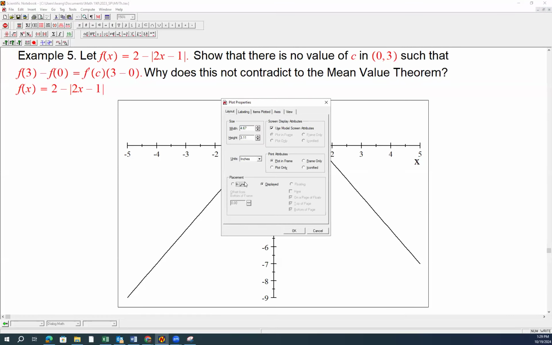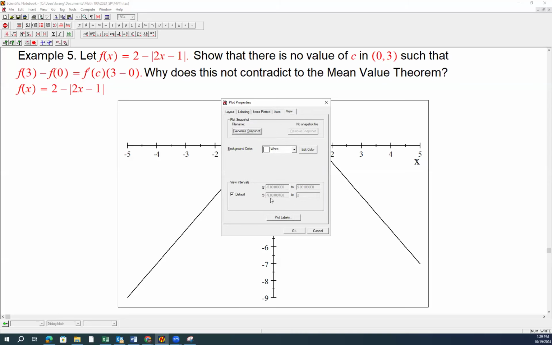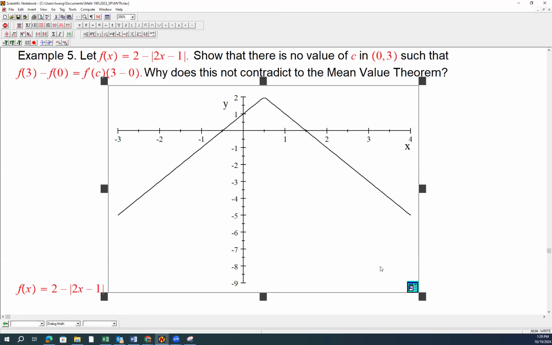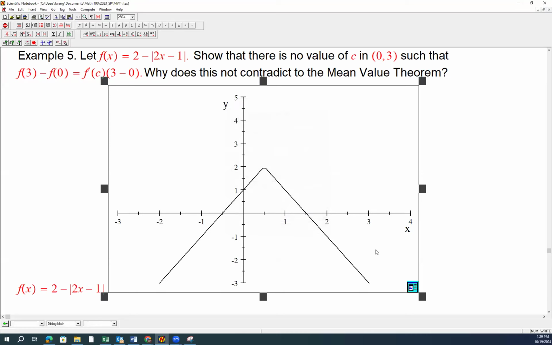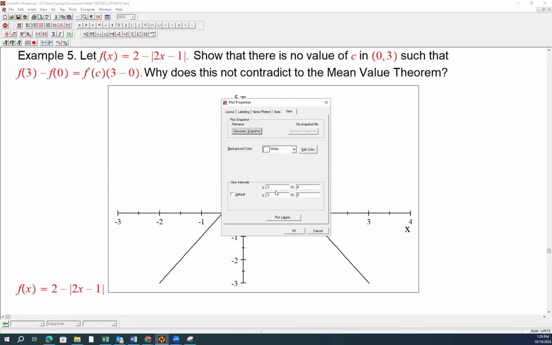Okay, so this is the function we are considering.